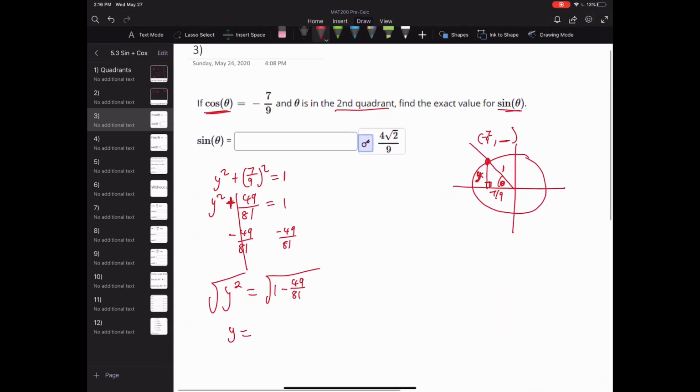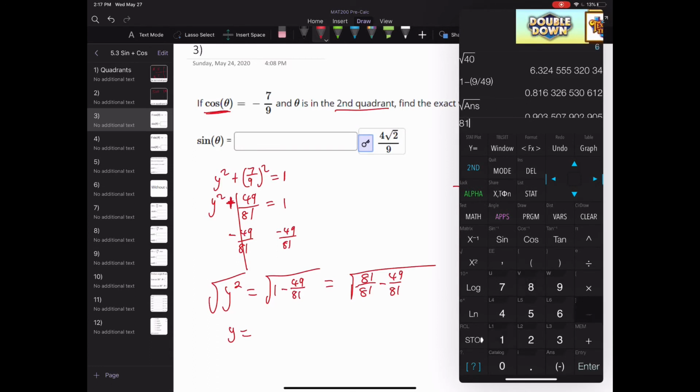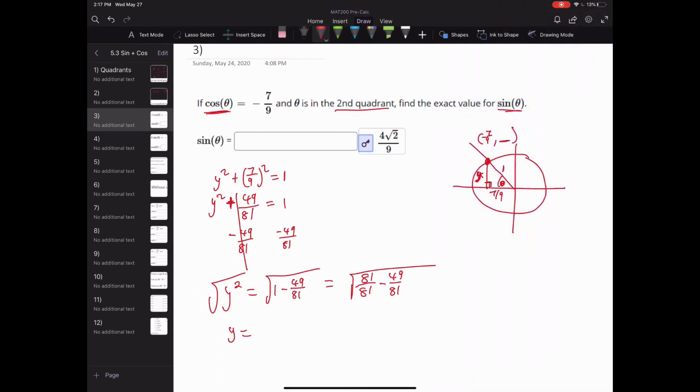That's just a little bit annoying. What I'm going to do is take that 1 and turn it into an 81 over 81, because that's 1. Minus 49 over 81. So what's 81 minus 49? 32. So we're going to get square root of 32 over 81.